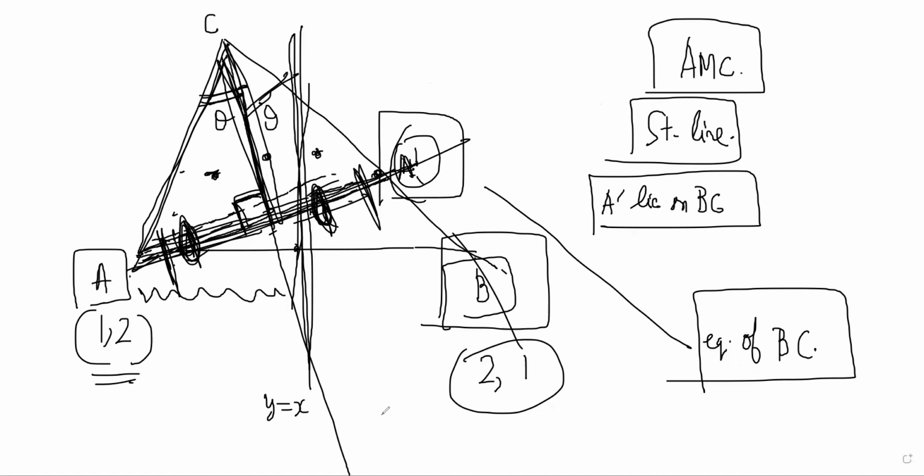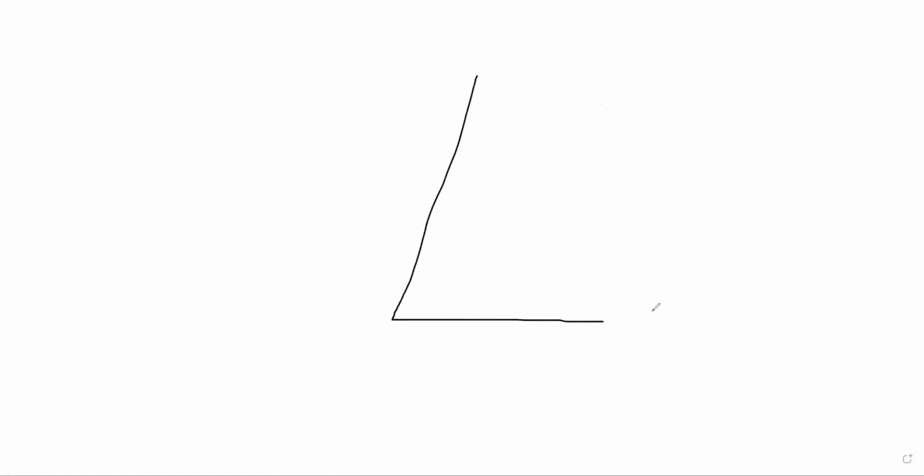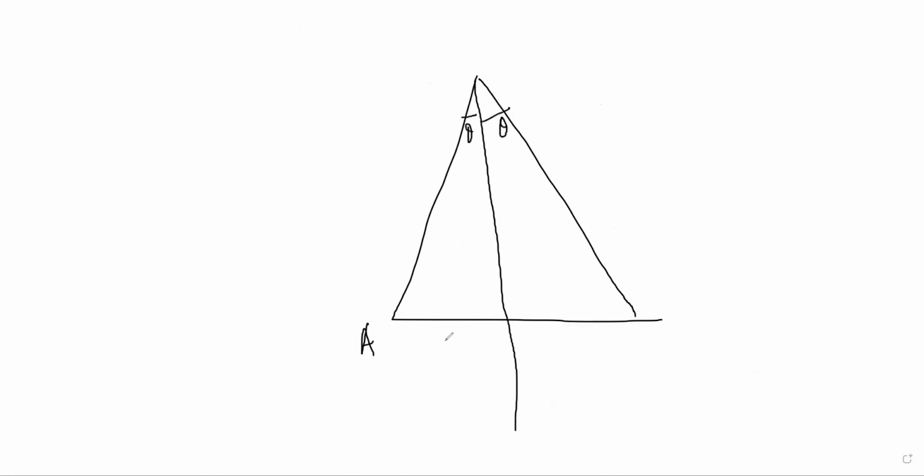Oh, by construction. Let's say this is 90, this is the angle bisector, this is A, and this is theta, this is theta. I'm going to draw by construction a line perpendicular to the angle bisector, cutting it at A dash. Now I can prove immediately that this triangle is congruent to this triangle.